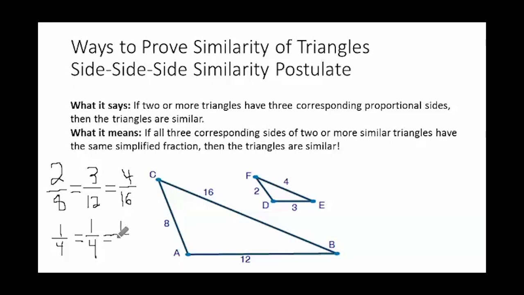All 3 of these are the same, so I can say, using the side similarity postulate, since they all have the same proportion, these 2 are similar triangles. If any one of those proportions came out different than 1 over 4, we would not have them all having the same proportion, so it would not be. So you do need to check all 3 sides whenever checking to use the side similarity postulate.